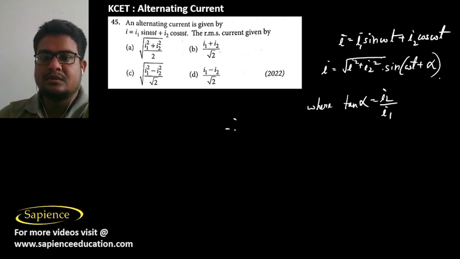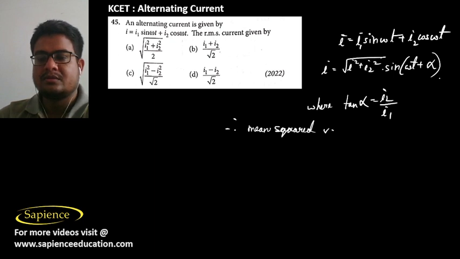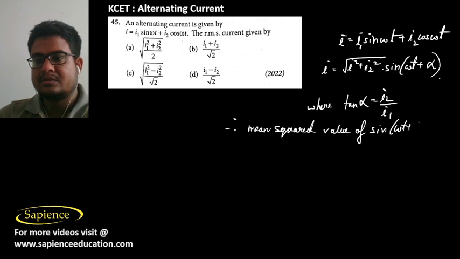Now therefore the mean squared value of sin omega t plus alpha is half.